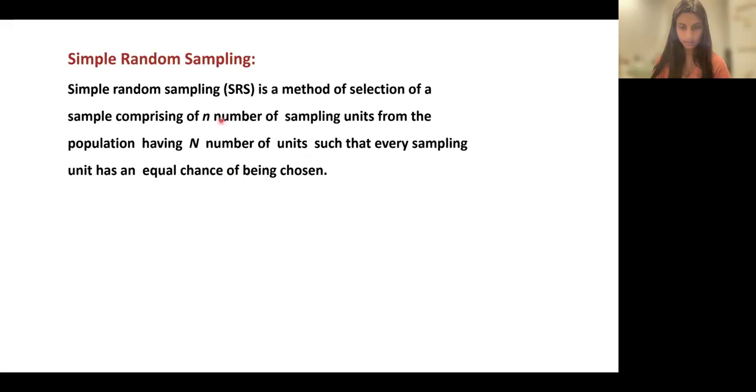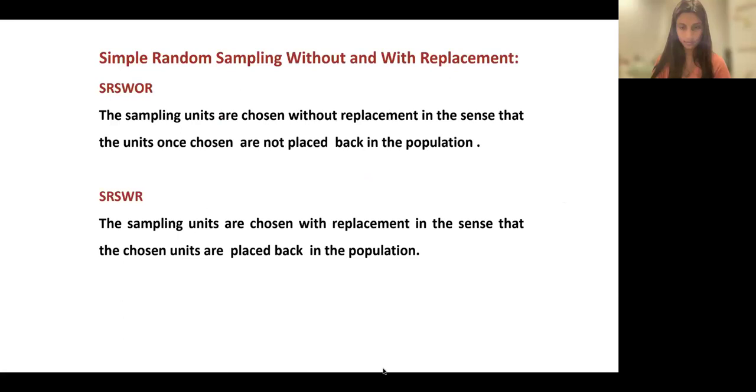Simple random sampling is a method of selection of a sample comprising n number of sampling units from the population having capital N number of units, such that every sampling unit has an equal chance of being chosen. This random sampling can be either with replacement or without replacement.